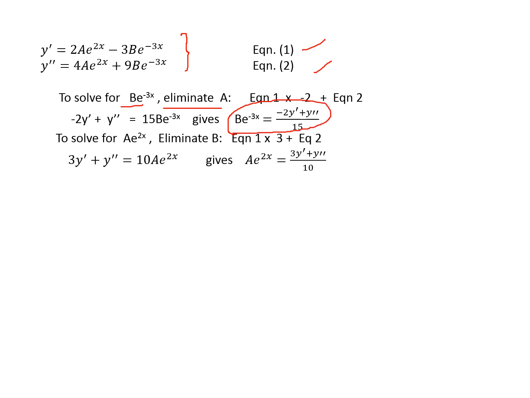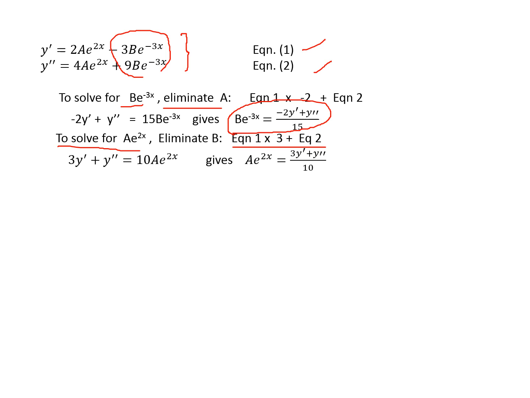And to solve for a e^(2x), you have to eliminate b. To eliminate b, multiply equation 1 by 3, that is negative 9 plus 9, so this will be eliminated.